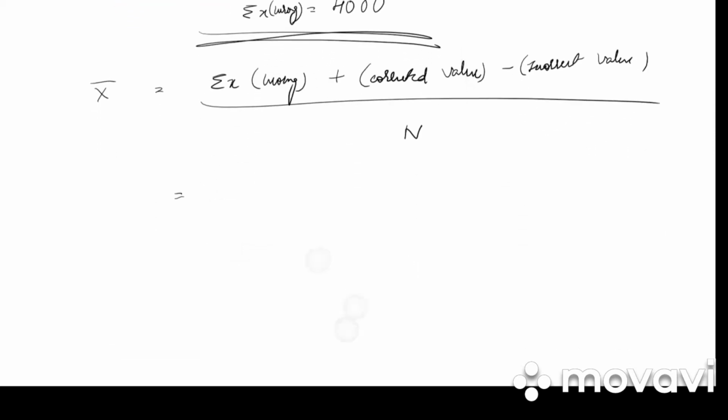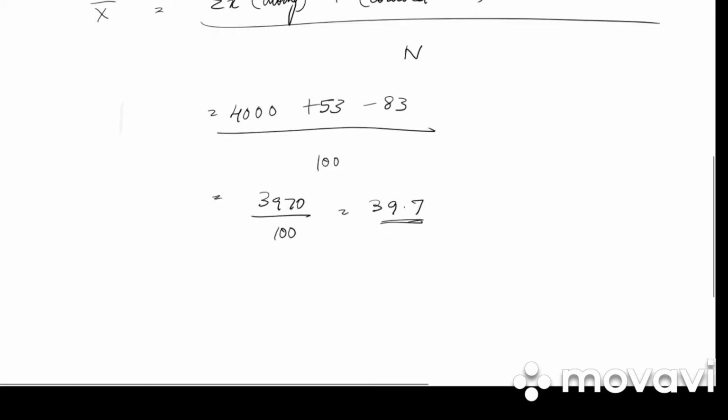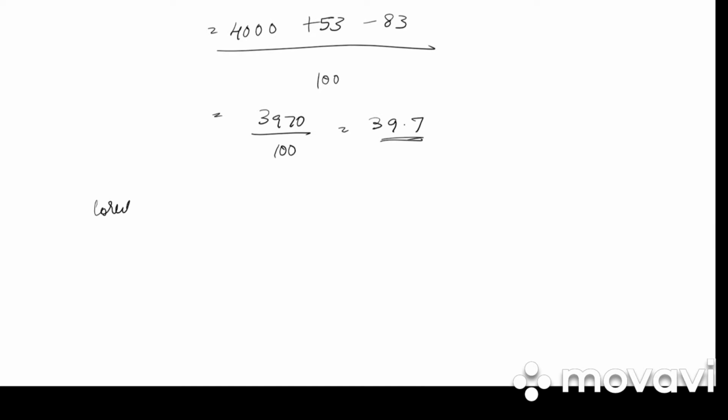We need to find out the correct mean. So it is 4000 plus 53 minus 83 divided by 100. So how much is it? It is 3970 divided by 100. We get 39.7. So what is the corrected mean? Corrected mean will be 39.7.